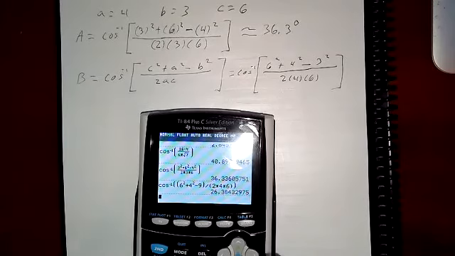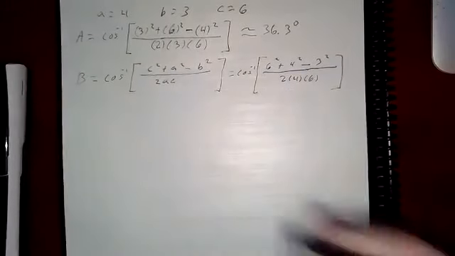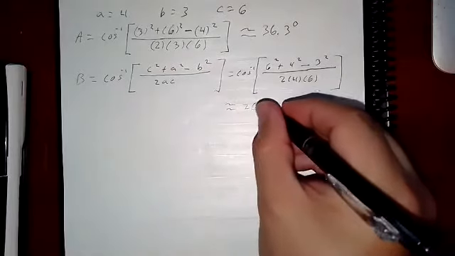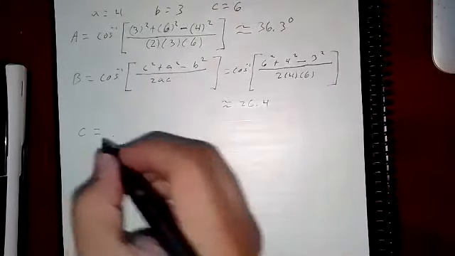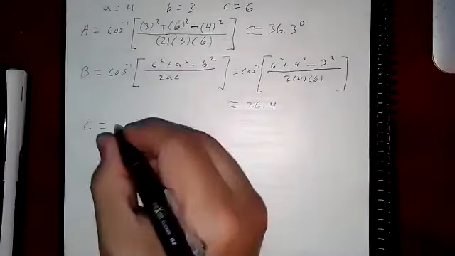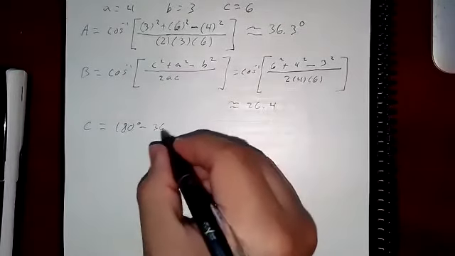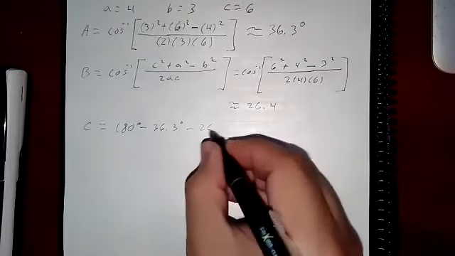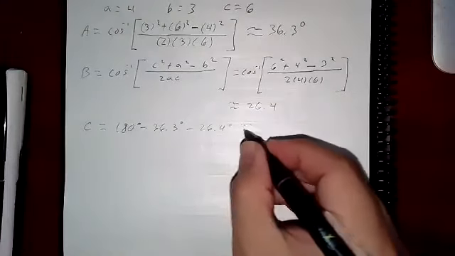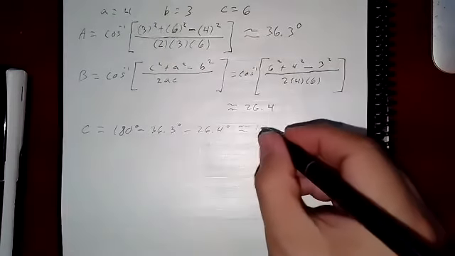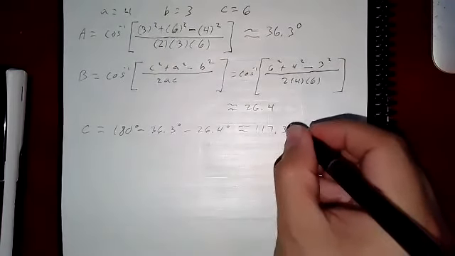Yeah, that is 26.4. So now that we have 2, we can find the last one. So C will be equal to 180 minus 36.3 minus 26.4, which is approximately 117.4. Yeah, that's right.